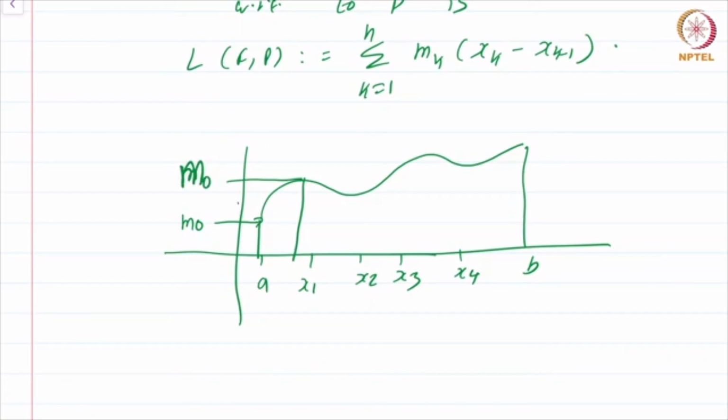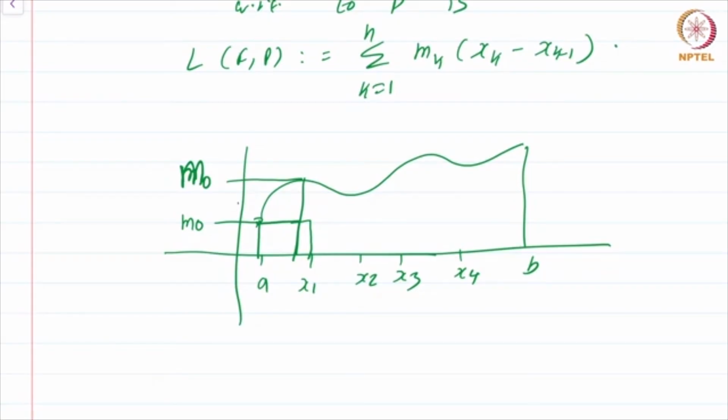So what you do is you draw two rectangles, one with one of the sides being of length small m0, and the other side of length x1 minus x0, which is just x1 minus a.